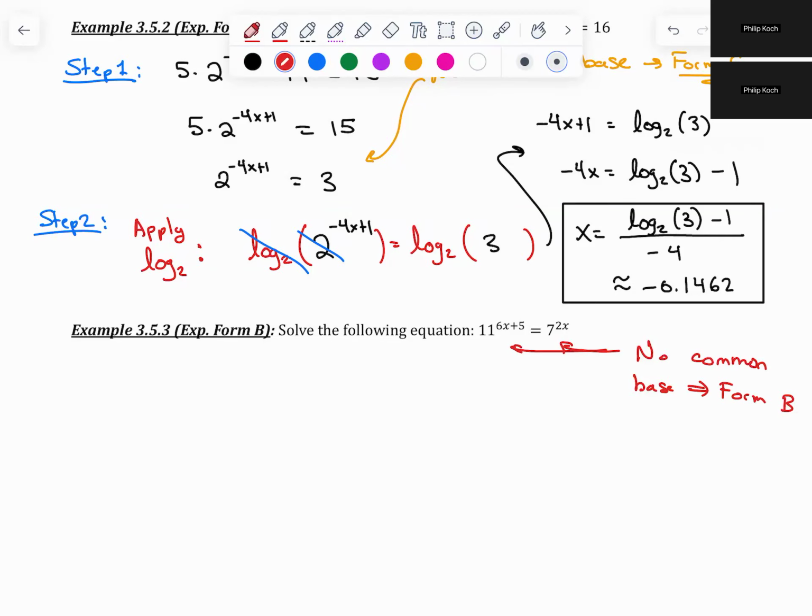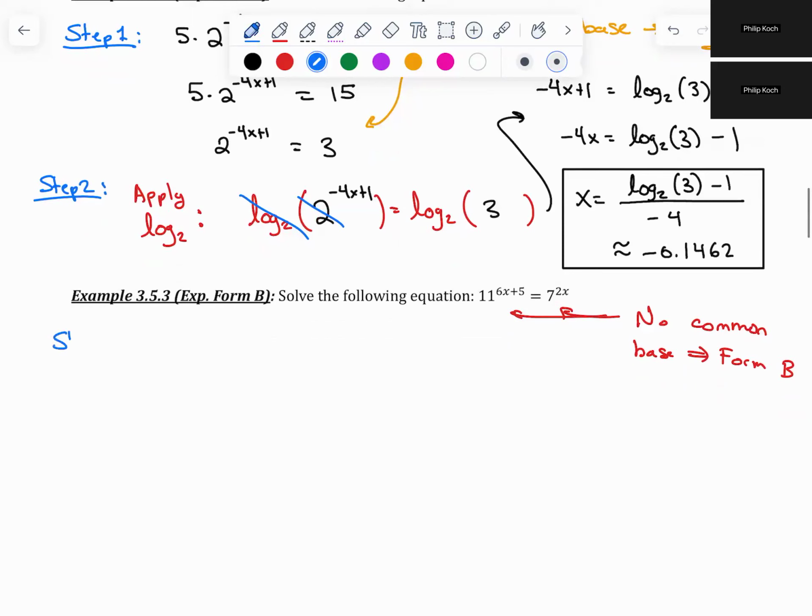So I'm going to rewrite it. Step one is already done.